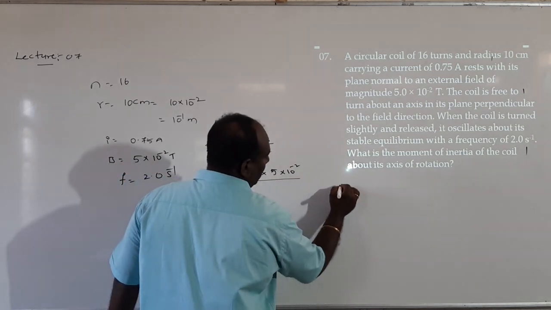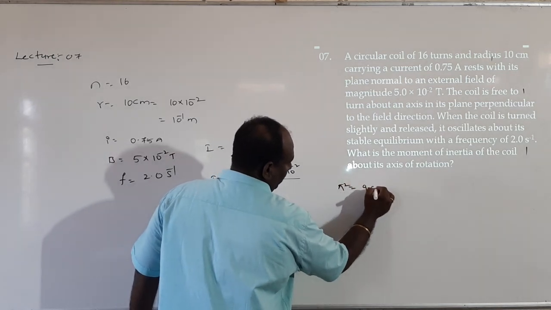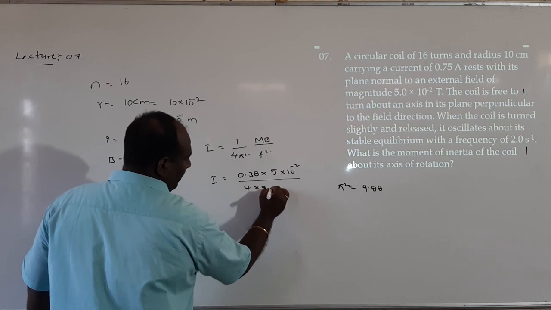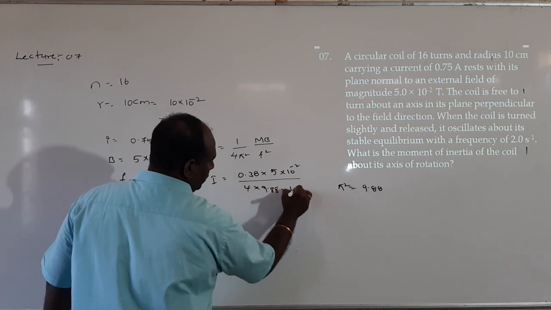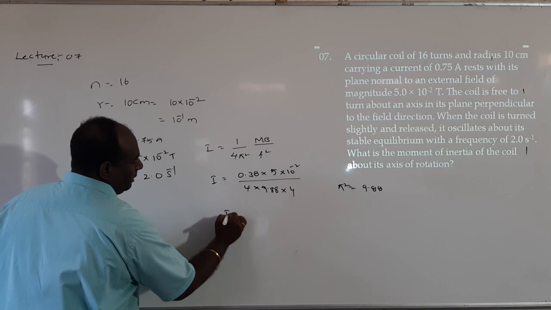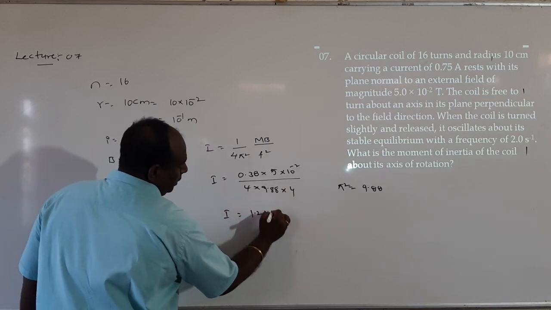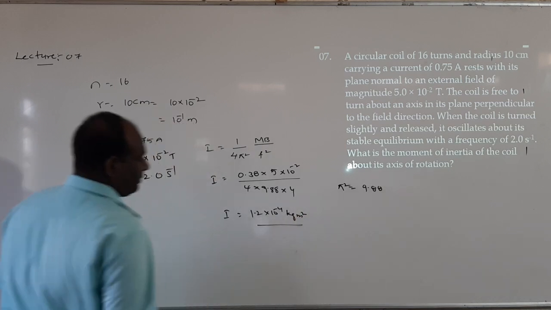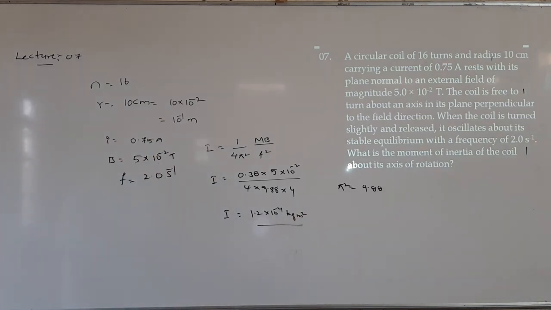Pi square value I am writing directly: pi square is equal to 9.88, into 9.88 into f value 4. If you do the total multiplication, I equals 1.2 into 10 power minus 4 kg meter square. This is the moment of inertia of the solenoid about the axis.